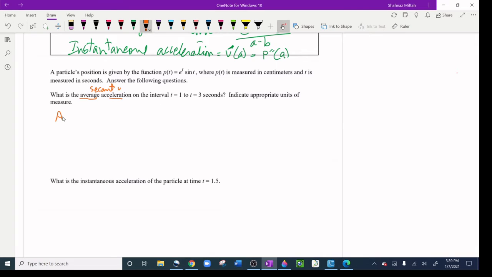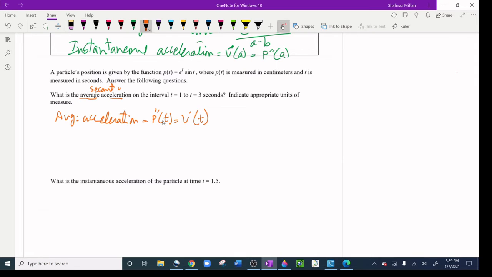So I'm going to go average acceleration, and I can write the notation as p double prime t, or it's v prime t.